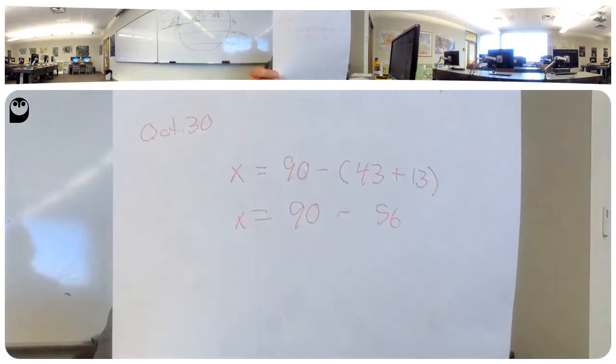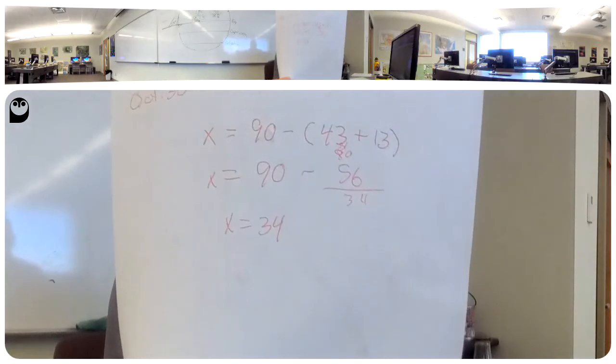What's 43 plus 13? It is 56. X equals 90 minus 56. And that is 34.